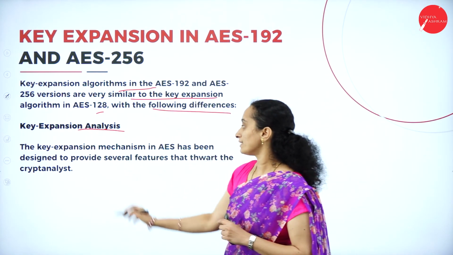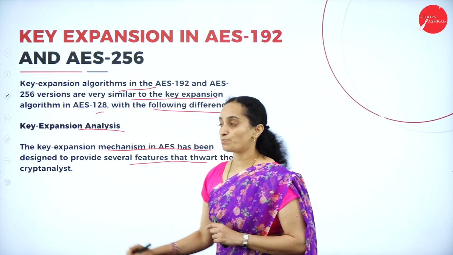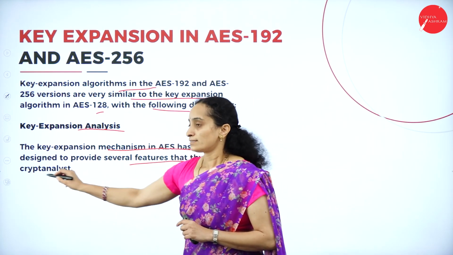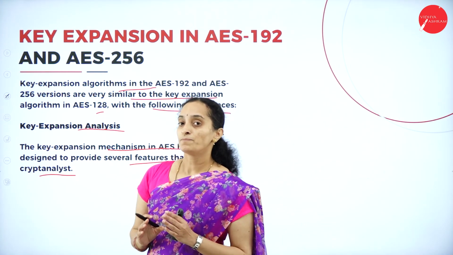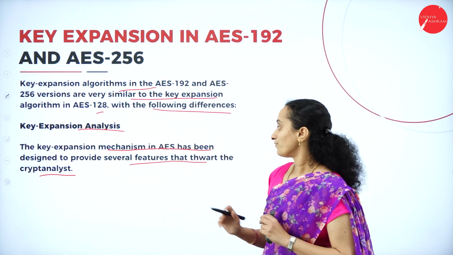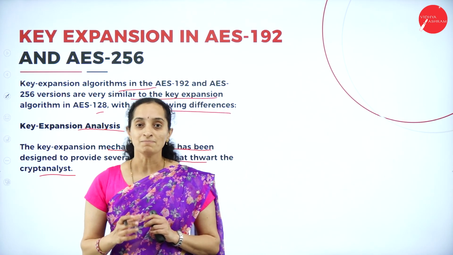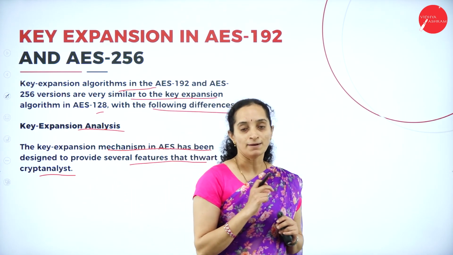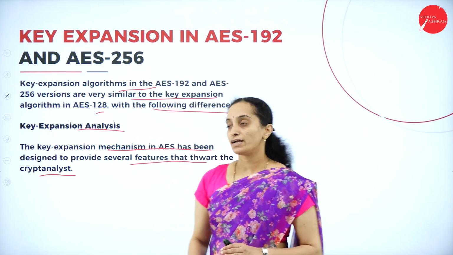When you analyze the key expansion in AES, it has been designed to provide several methods to distract the attention of the cryptanalyst, making it difficult to get the key as well as the ciphertext.